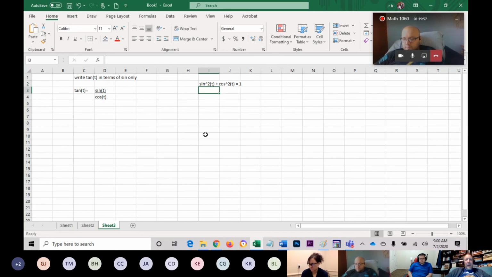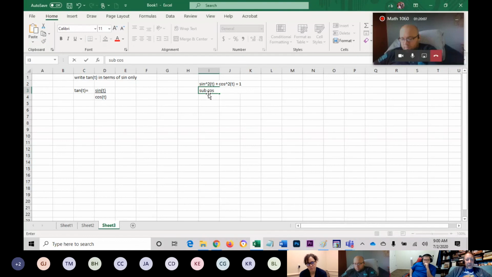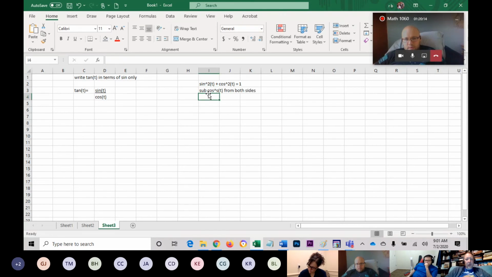What I can do is solve this for the sine squared. So if I subtract the cosine squared of t from both sides, that's going to give me the sine squared of t equals 1 minus the cosine squared of t.